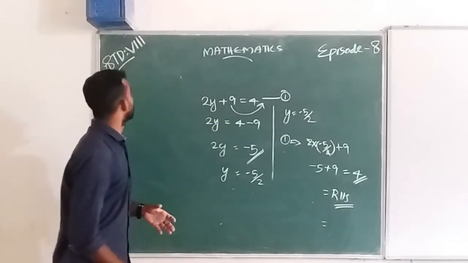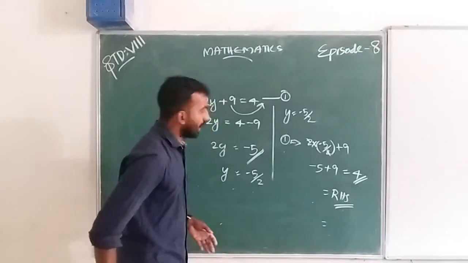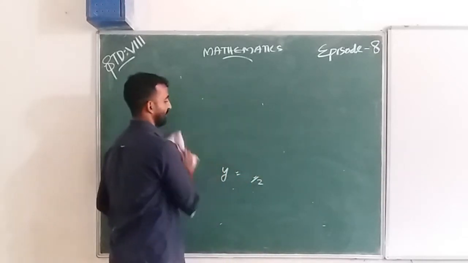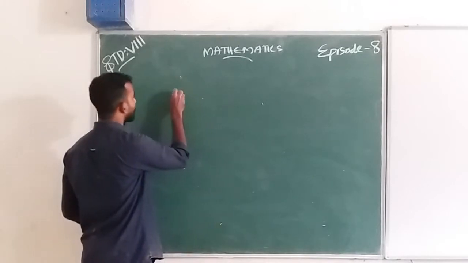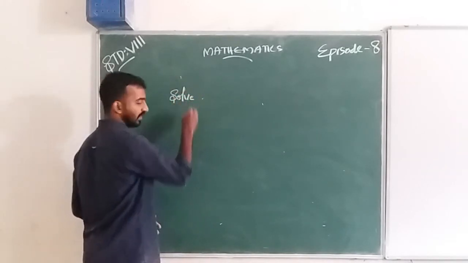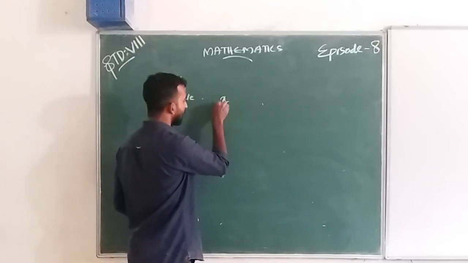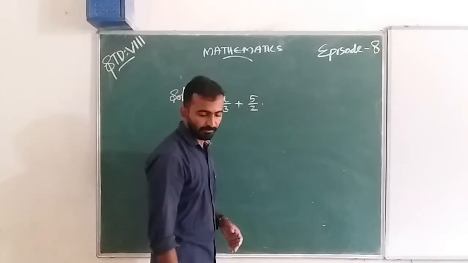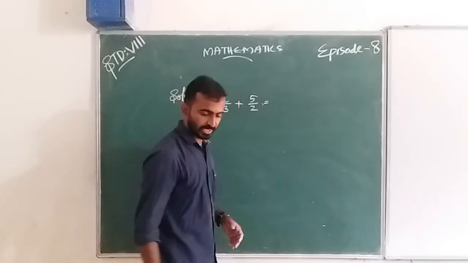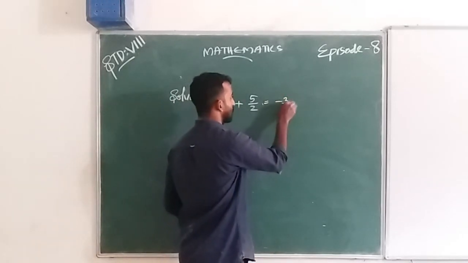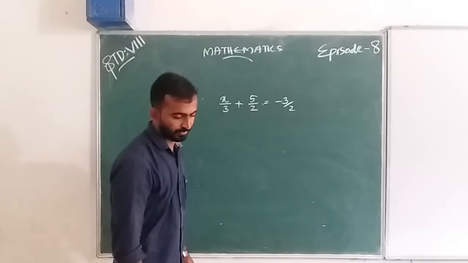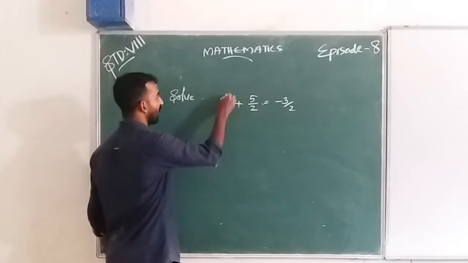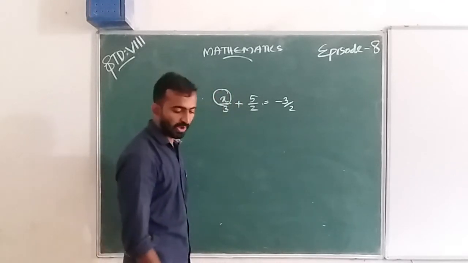Next, in the case of rational numbers, solve x by 3 plus 5 by 2 equals negative 3 by 2. We want to find the value of x.